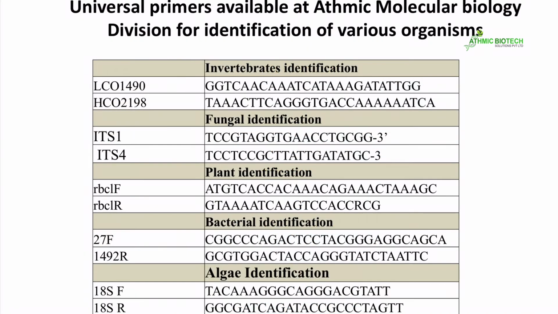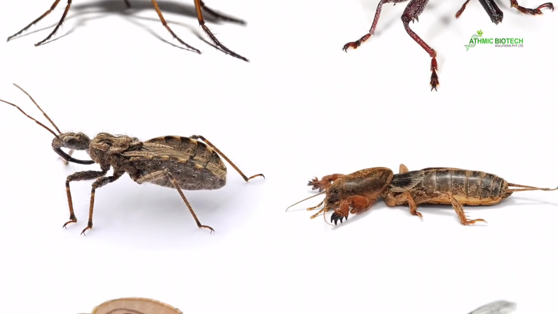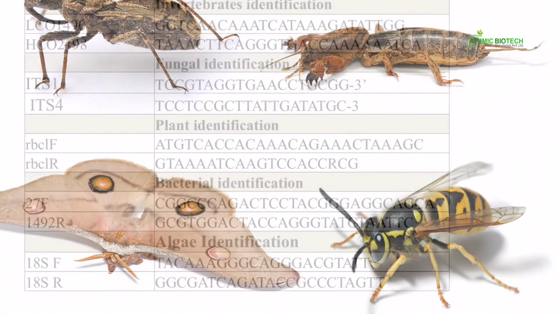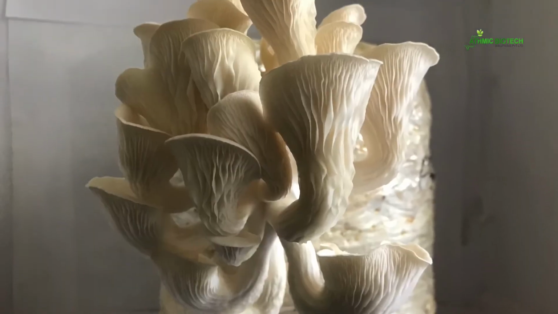These are some of the universal primers for identification of various organisms, which are available in our lab. LCO and HCO primers can be used for identification of insects and mollusks. Most invertebrates we can identify with these primers. Then ITS1 and ITS4, which are used for the identification of fungal strains.